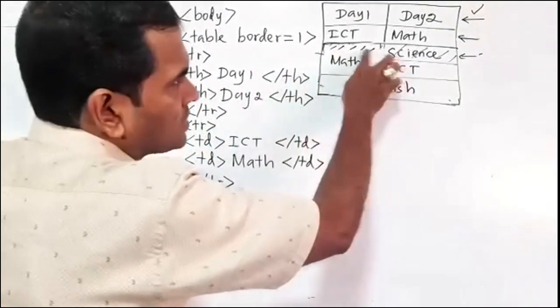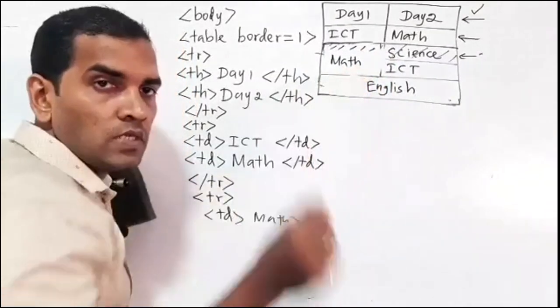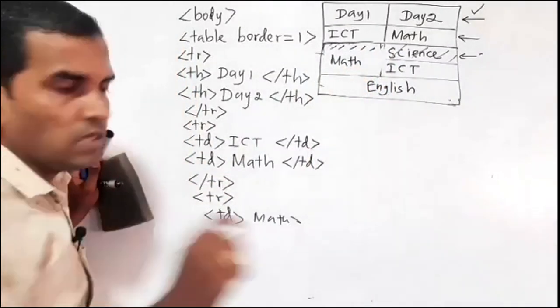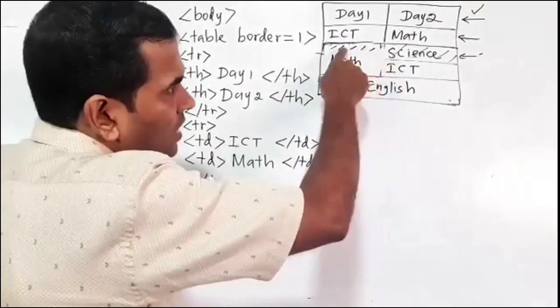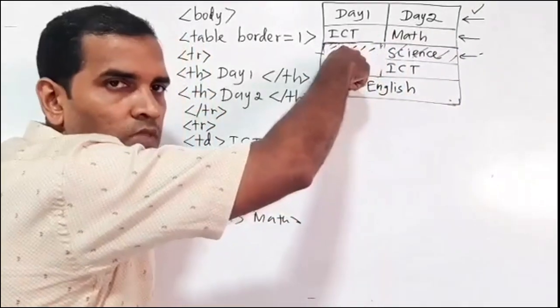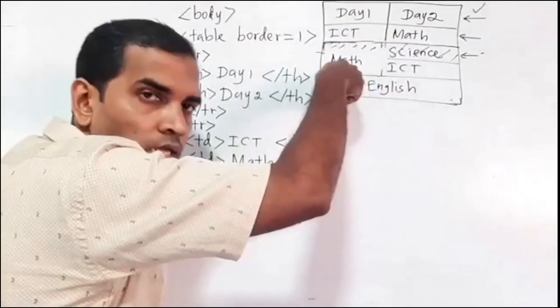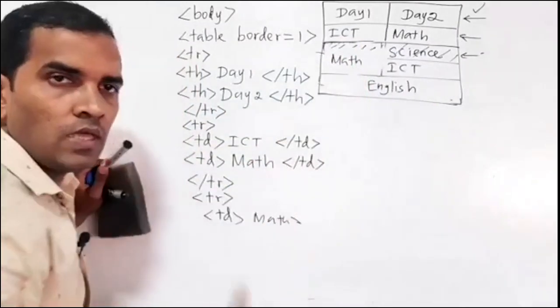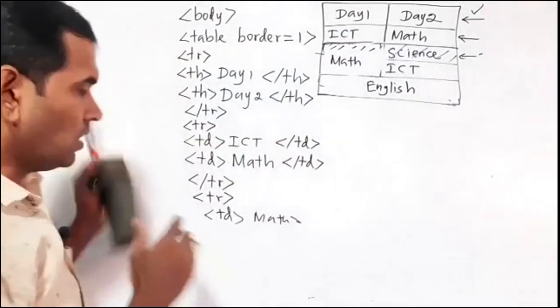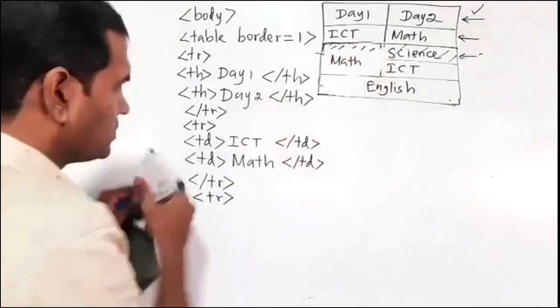While creating this top cell, you have to create the next cell, which is in the next row. I repeat, I'm creating the first cell in the third row, but at the same time, while it is being created, we have to create another cell, which is in the next row. So yes, you have to create that top cell. So td.